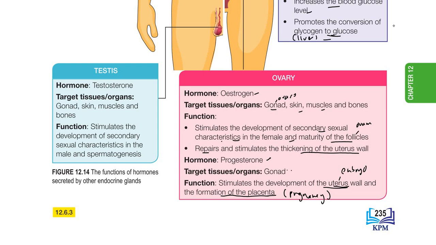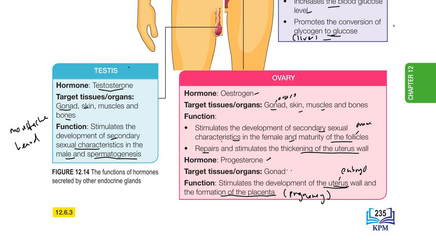Next we have the testes here. The testes produce the hormone testosterone. The target tissues are the gonad, of course the testes, skin, muscles, and bones. The function is to stimulate the development of secondary sexual characteristics in males and spermatogenesis. So this is to make sure that a male looks like a male, maybe the development of a moustache, beard, and the voice becoming hoarse, different from the female voice.